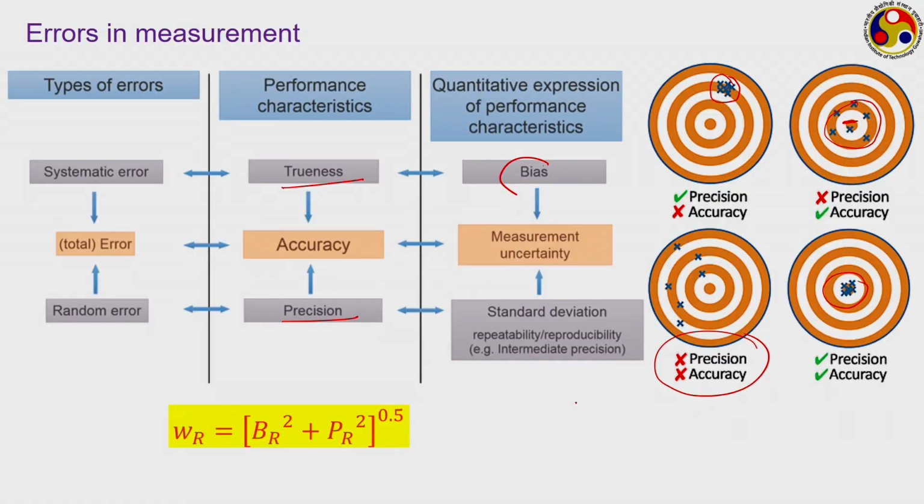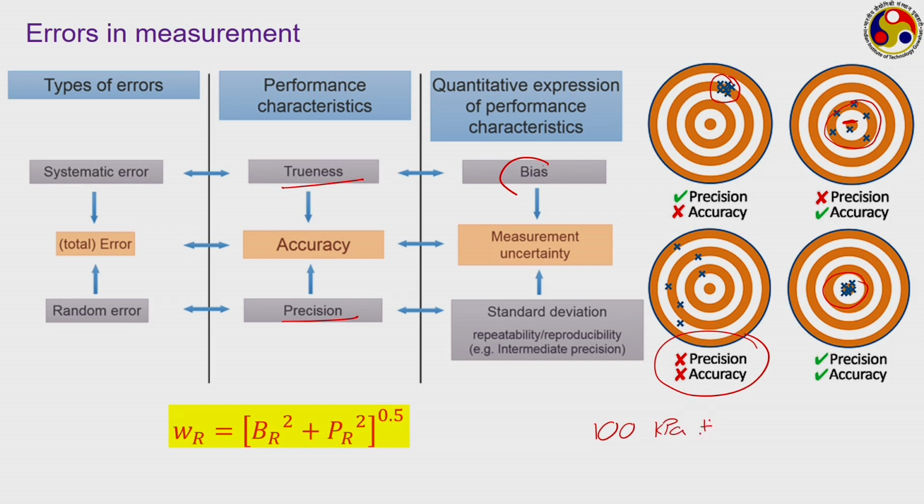We have already seen that there are several ways we can represent the error present in a final reading. Say for example, if we are using a pressure gauge which is giving us a value of say 100 kilopascal. Now, the inaccuracy present in this can be reported in several ways.